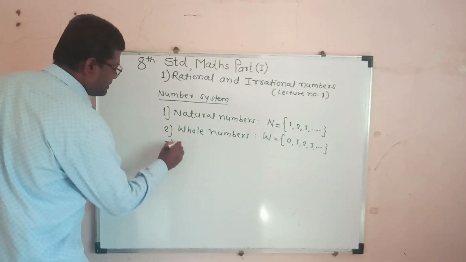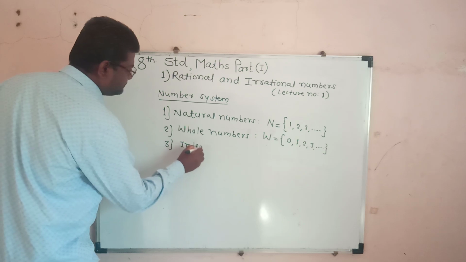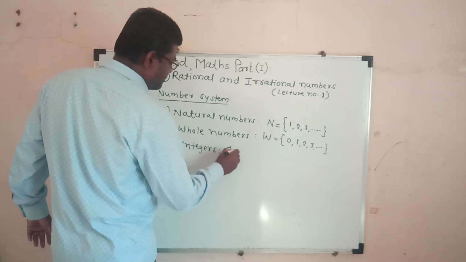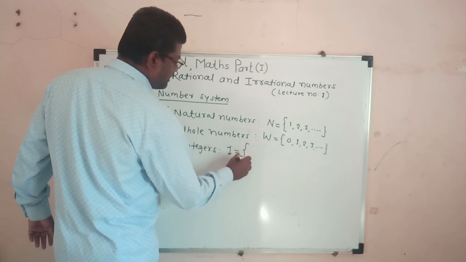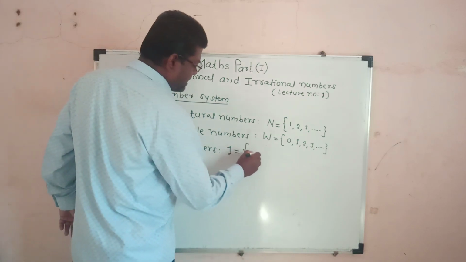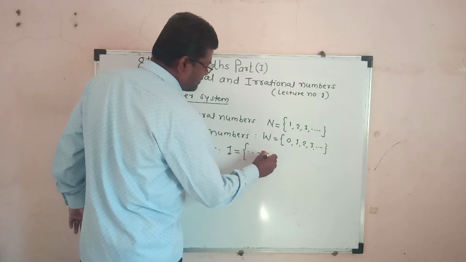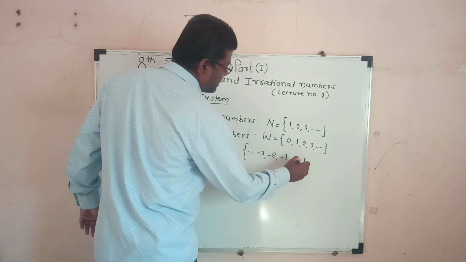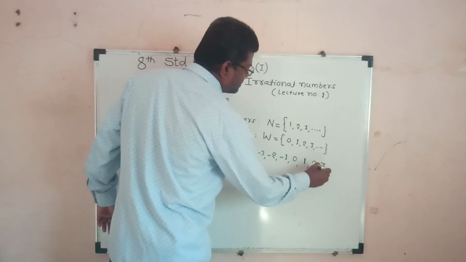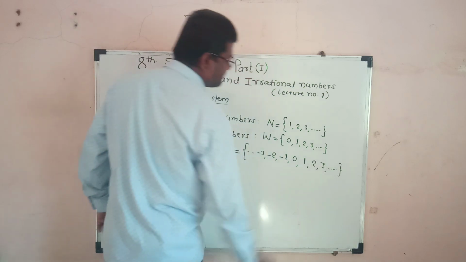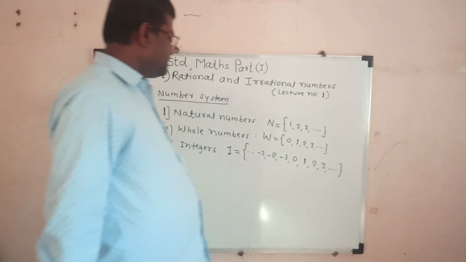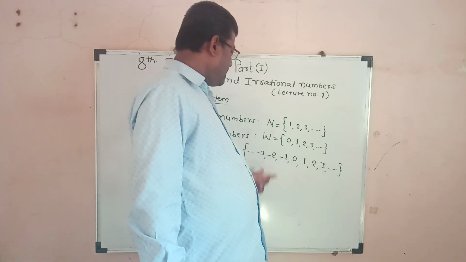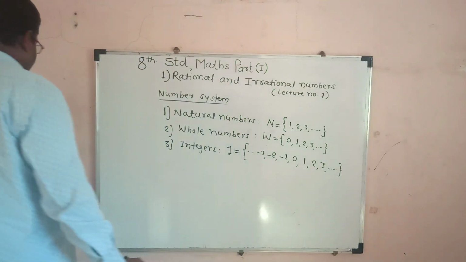Then integers. The integer set is given by I is equal to {..., -3, -2, -1, 0, 1, 2, 3, ...}. Integers is a set of 0, natural numbers and opposite of natural numbers.